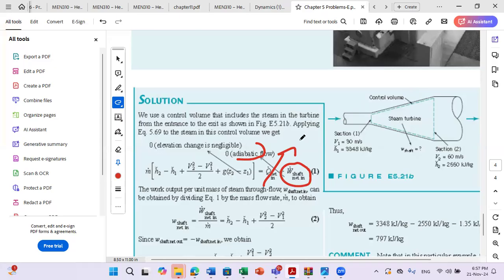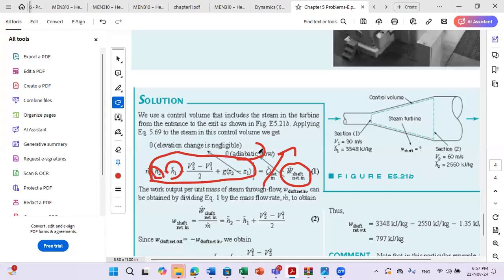So you just have to apply the general form, which is m dot times total energy at state 2, which is H2 plus V2 square over 2 plus gZ2, minus H1 minus V1 square over 2 minus gZ1. So this is the variation in energy of your flow between the inlet and the outlet. And since they gave you the enthalpy at outlet and at inlet, you can just replace.